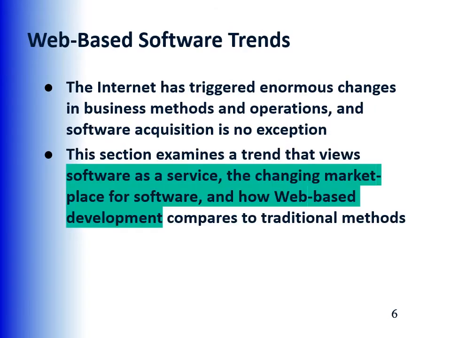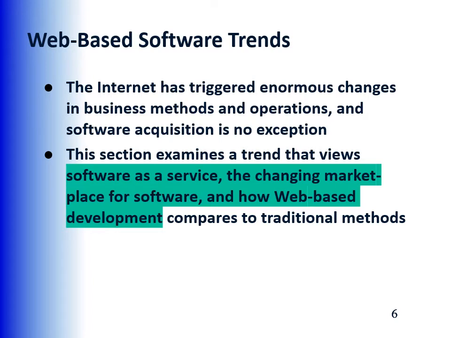Okay. We start with the first issue or objective in this chapter, which is web-based software trends. The internet has triggered enormous changes in business methods and operations, and software acquisition is no exception.